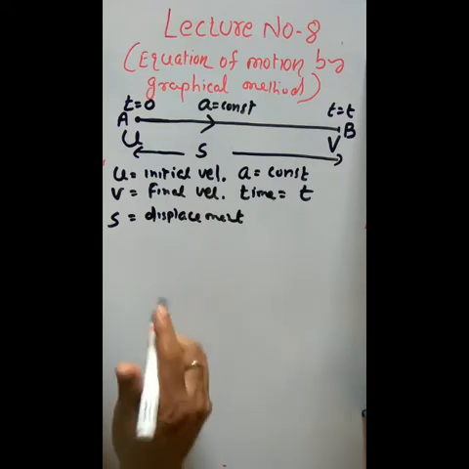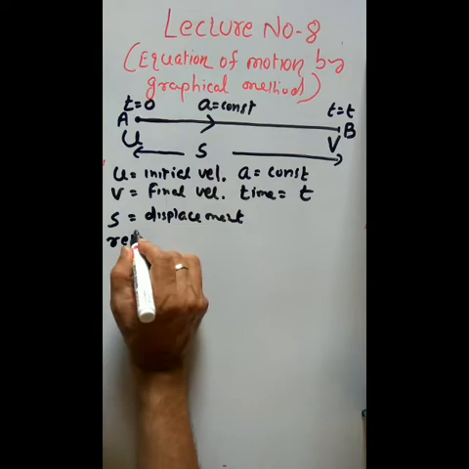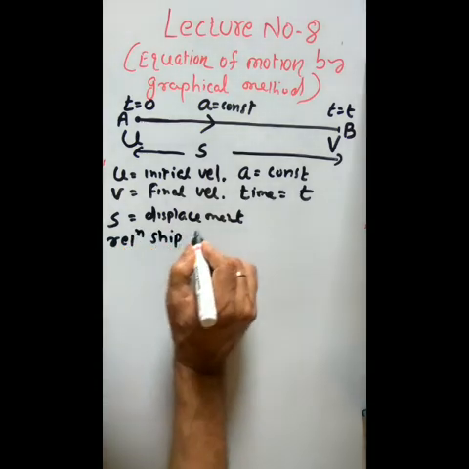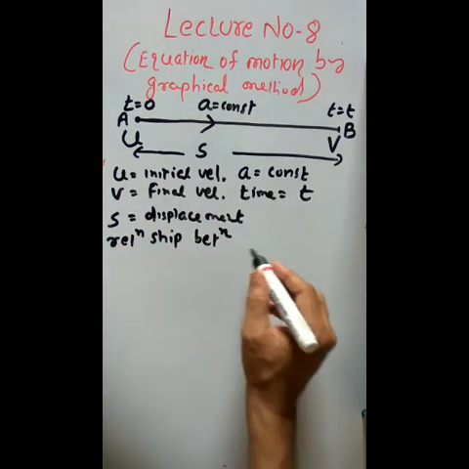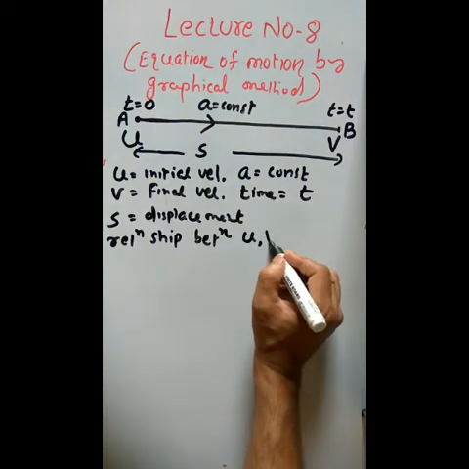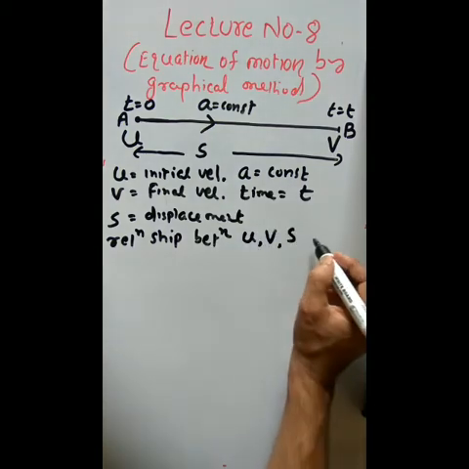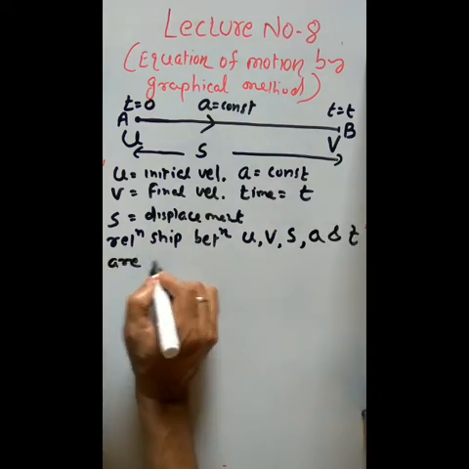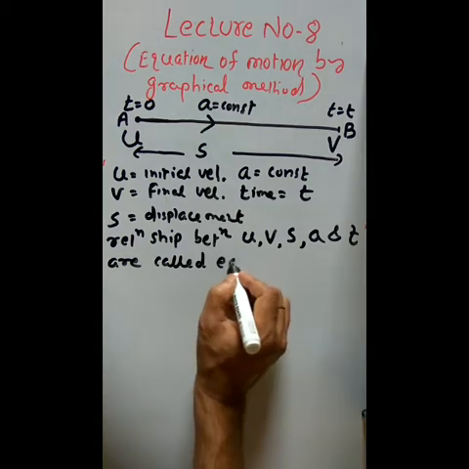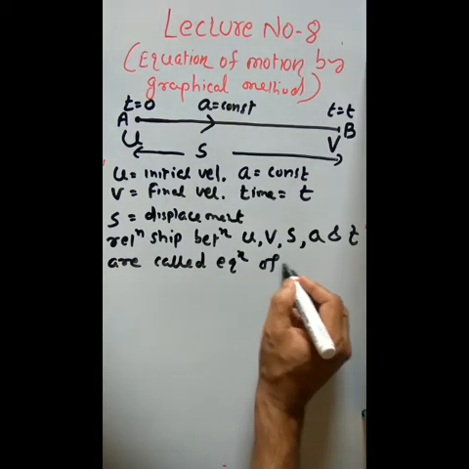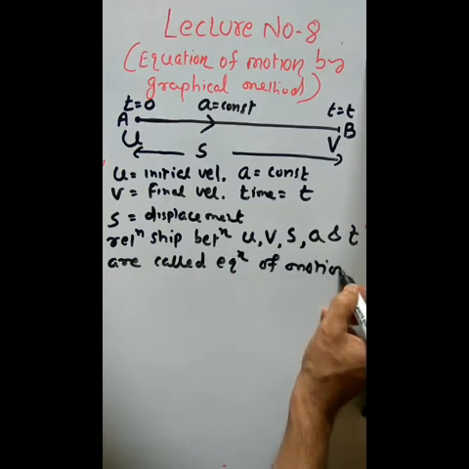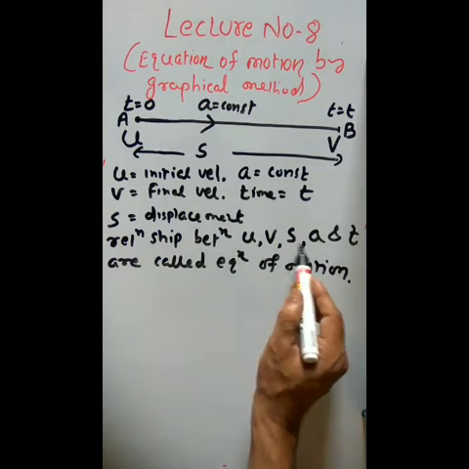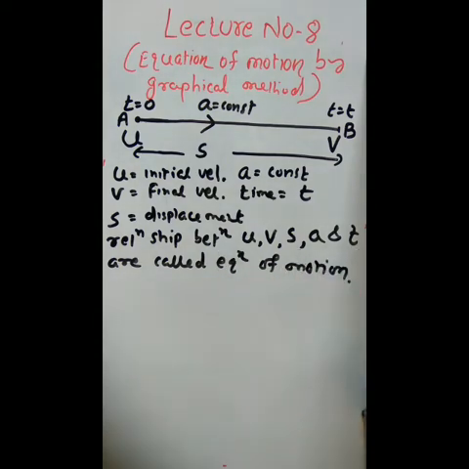Now we will find the relationship between various terms like initial velocity, final velocity, displacement covered by the body, acceleration and time, which are called equations of motion. So the equation of motion is the relation between u, v, s, a and t. Now we will derive them; there are different types of equations. So with this we will start.